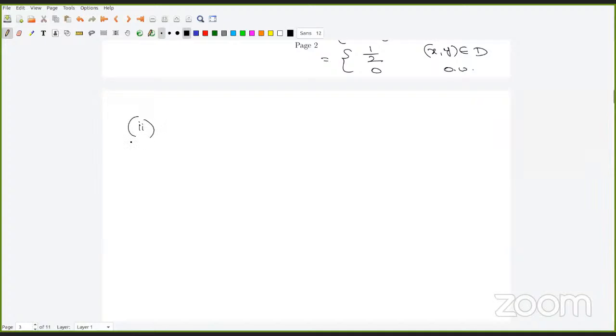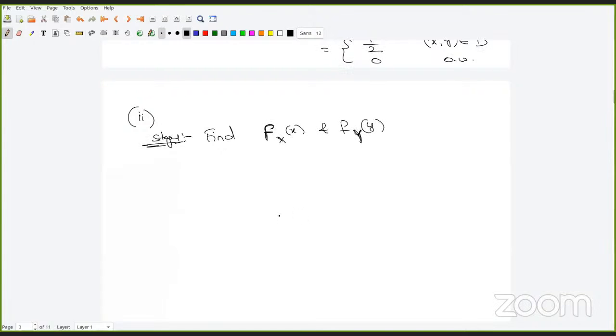In order to verify whether that condition is true or not, what should we find first? The marginal density of X and the marginal density of Y. So the first step is to find fX(x) and fY(y).